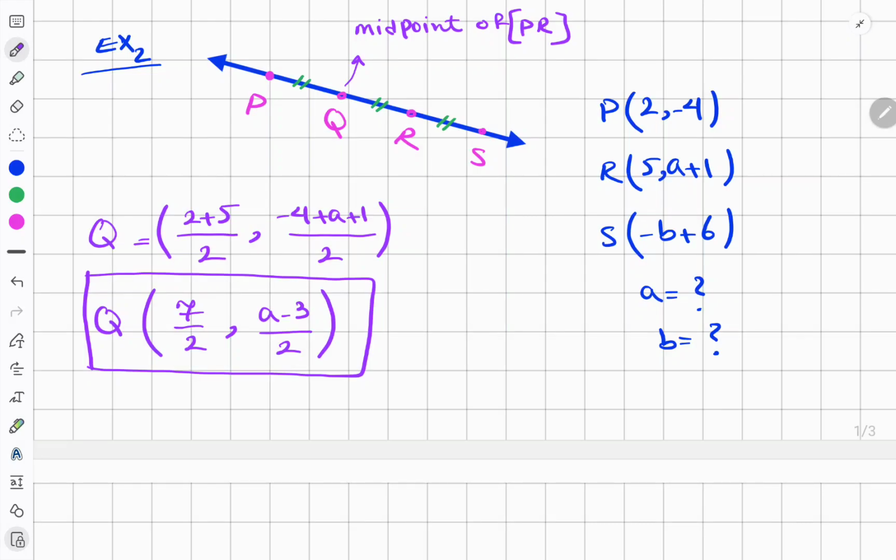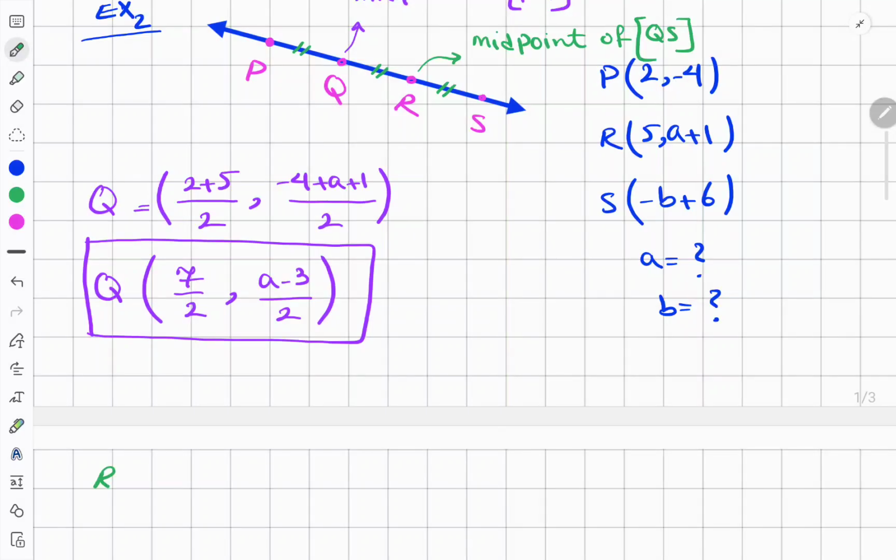Okay, and then R is the midpoint of QS. For the x coordinate of R, we should find the average of x's of Q and S. Q is 7 over 2 and S is negative b.